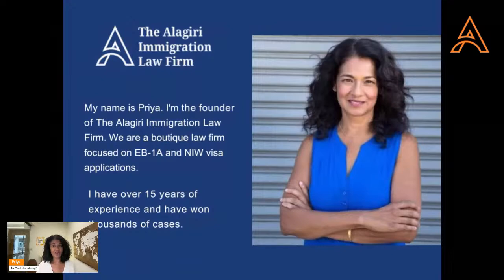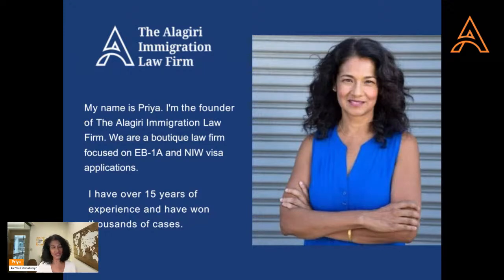Let me introduce myself. My name is Priya Alagiri. I am the founder and CEO of the Alagiri Immigration Law Firm. I started the firm more than 15 years ago, and we focus on EB1A visas and the National Interest Waiver visa. We are a boutique firm, meaning we aren't volume. We are very case specific.